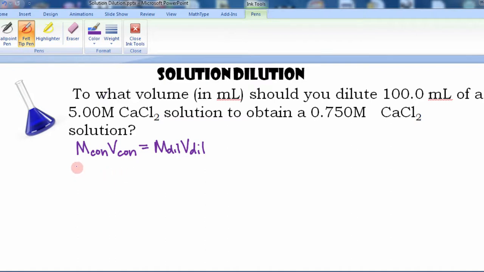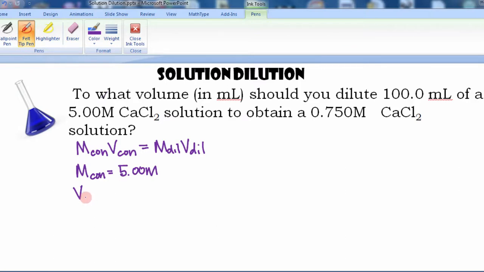So our molarity of the concentrate is equal to 5.00 molar. Now, our volume of the concentrate, it tells us to what volume should you dilute 100 milliliters.